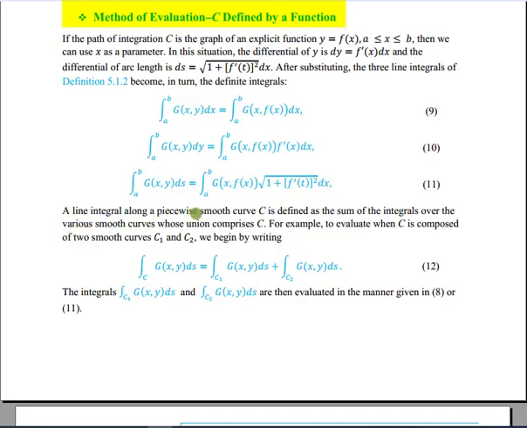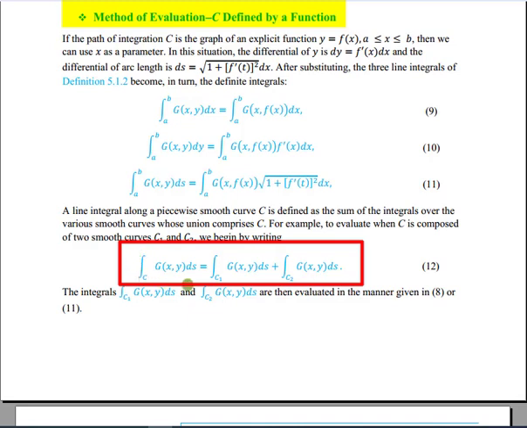A line integral along a piecewise smooth curve C is defined as the sum of the integrals over the various smooth curves whose union comprises C. For example, when C is composed of two smooth curves C1 and C2, we begin by writing the integral over C of g(x, y) ds equal to the integral over C1 of g(x, y) ds plus the integral over C2 of g(x, y) ds.